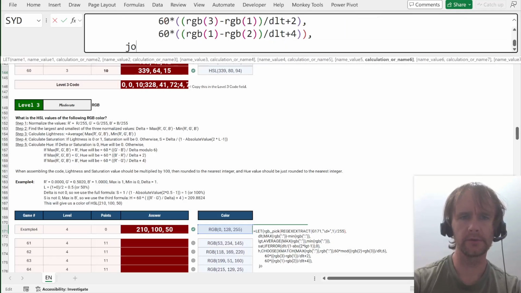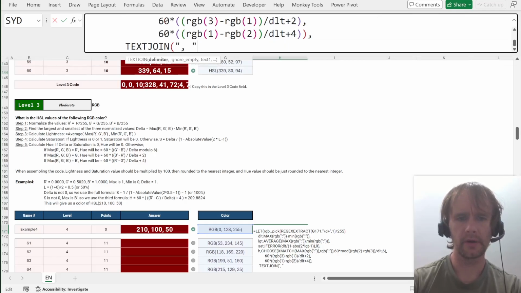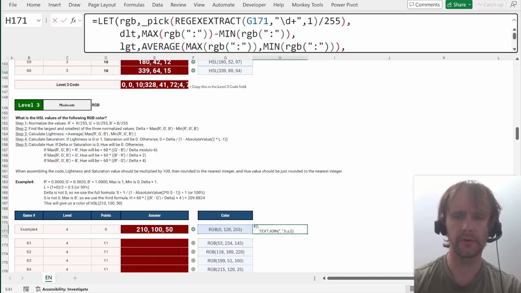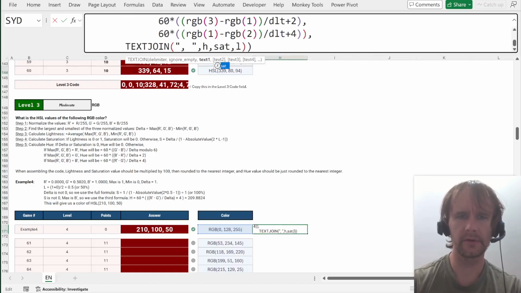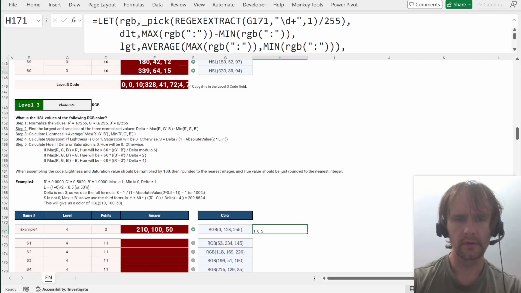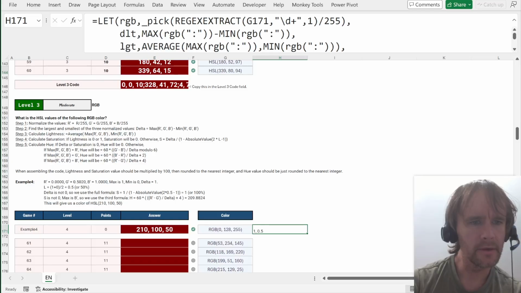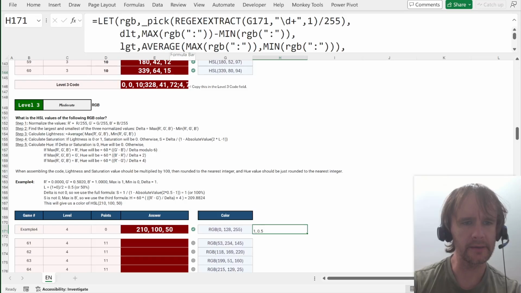So then we want to join by a comma space H, S, and L. So we probably need to round them. Oh dear. Oh yeah, sorry. H, light, and sat. Okay, wait. Oh, got it.